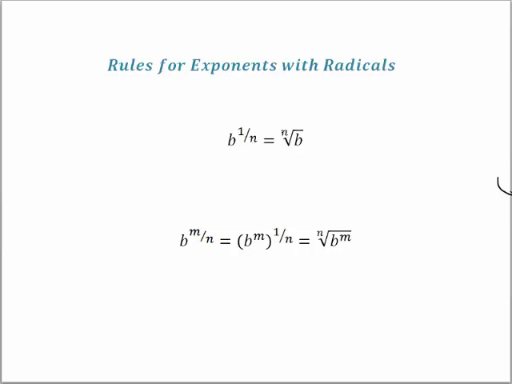And the variable becomes what we call the root, or the index. And then the variable stays within the radical. So we can easily take a complicated fractional exponent and change it into a radical.